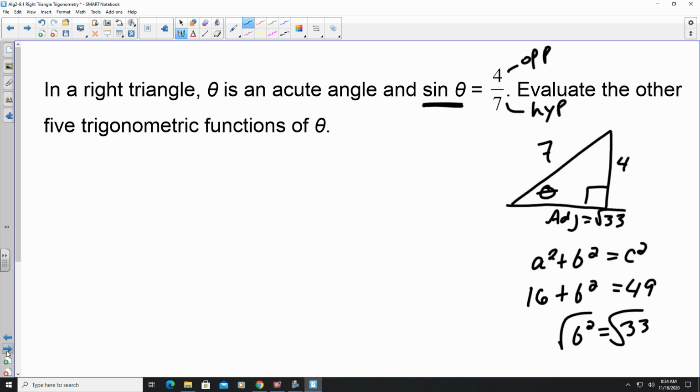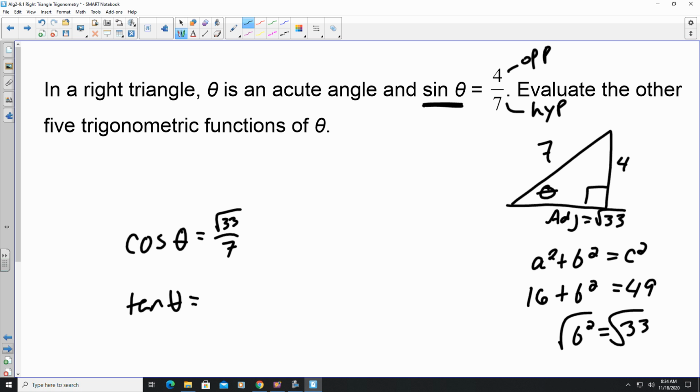To find the other ones, I'll work with cosine theta and tangent theta first. Cosine is adjacent over hypotenuse, so square root of 33 over 7.